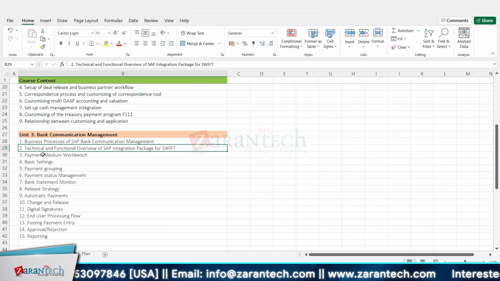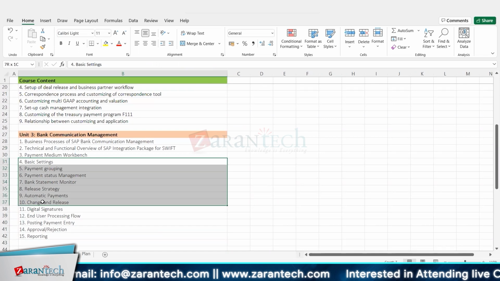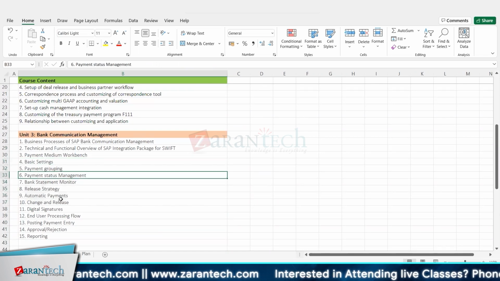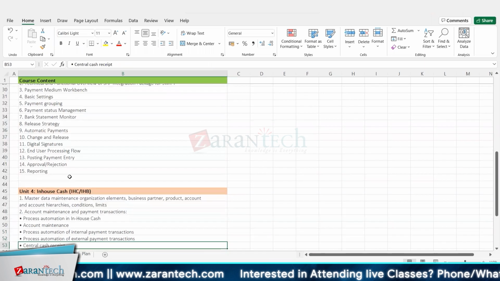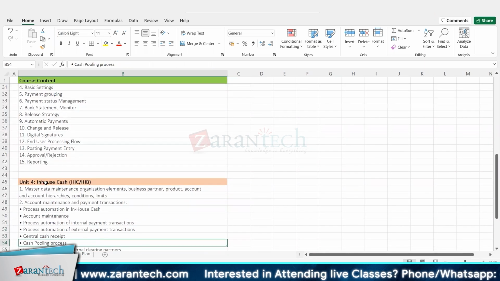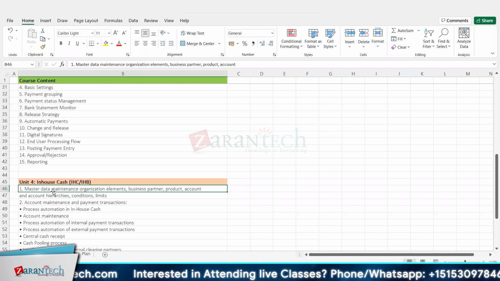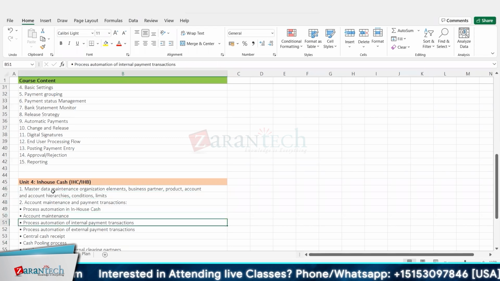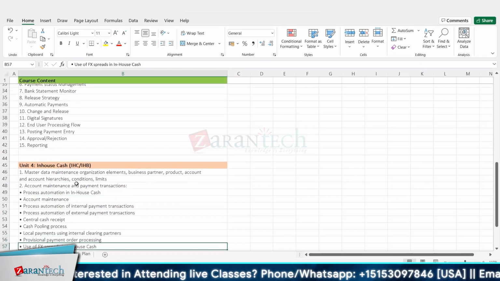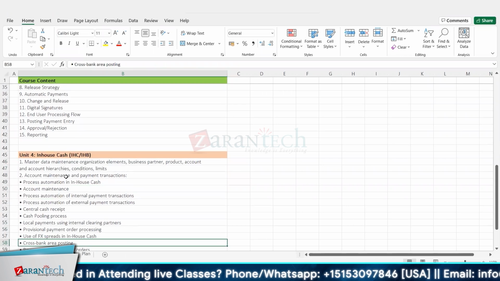Then how does it work, the payment medium workbench, the configuration steps of BCM, and In-house Cash. If you look at the content of In-house Cash, it's about how the In-house Cash process works, overall master data setup, organization structure setup.